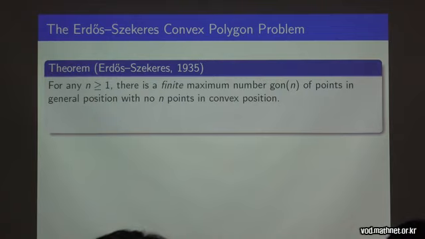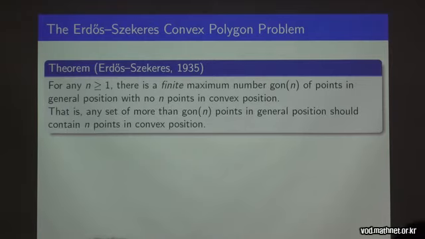They proved that for any finite n, there is a finite maximum number of points you can put on the plane so that they are in general position and have no n points in convex position. This is very important because they proved that there is actually a finite maximum number.